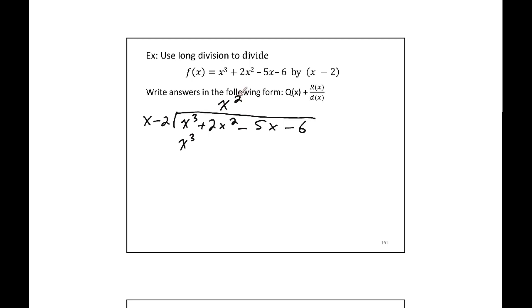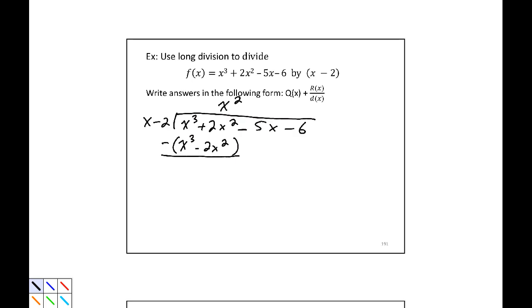And x squared times minus 2 is minus 2x squared. Now I'm going to put that in parentheses and subtract, because we want to make sure and distribute as we're going. So we have x cubed minus x cubed, that's 0. That's good, that's what we hoped would happen. 2x squared minus negative 2x squared. Paying attention to that negative sign, that would be a positive 4x squared.